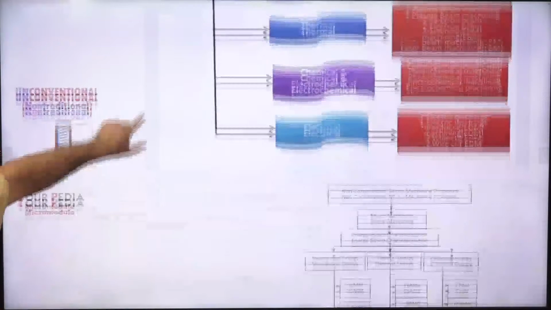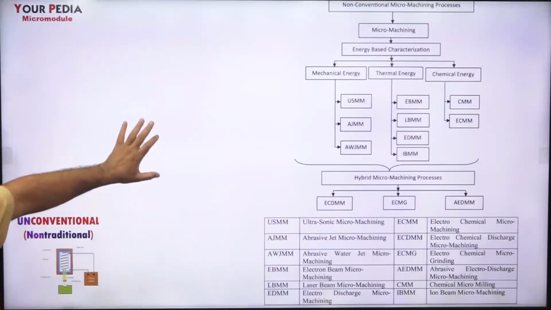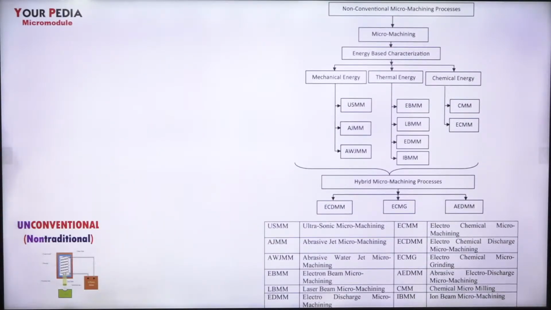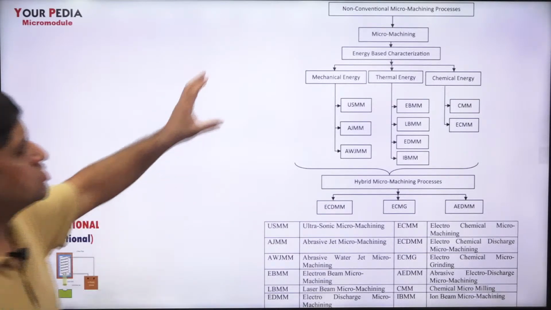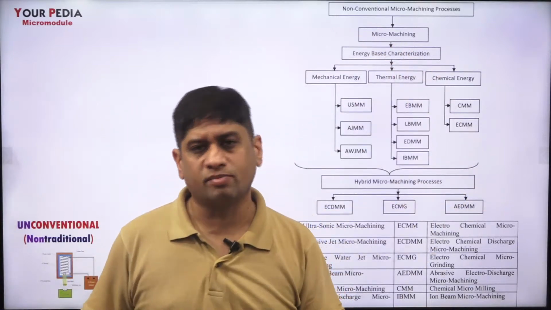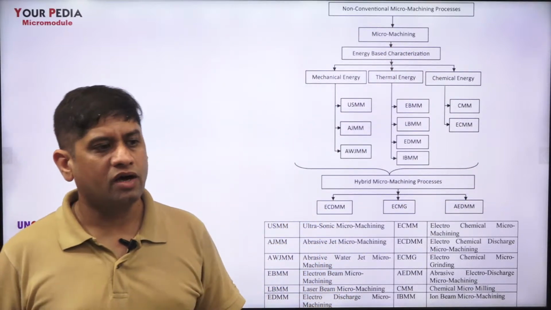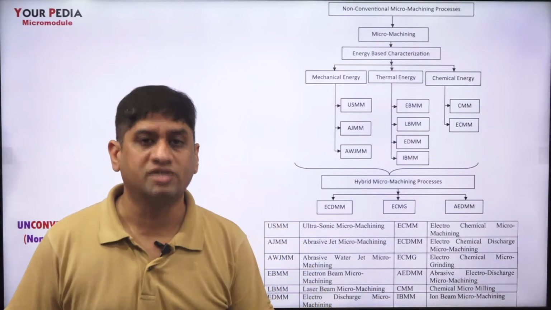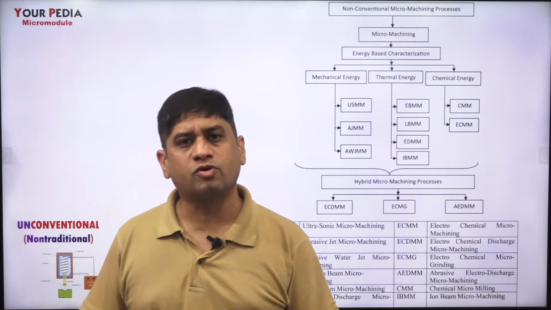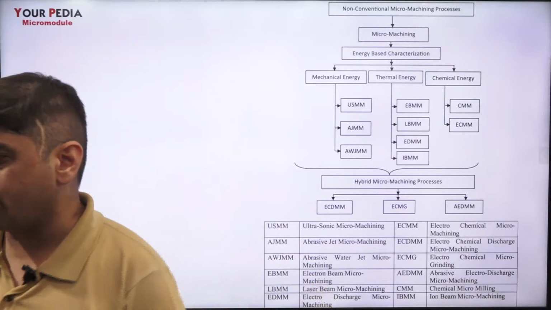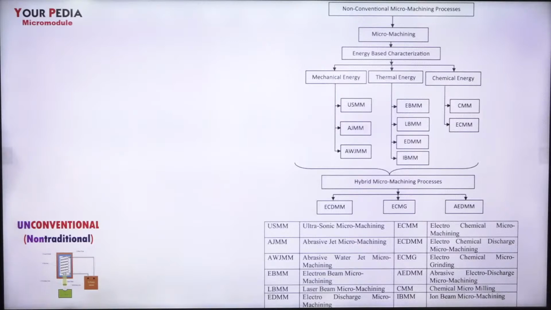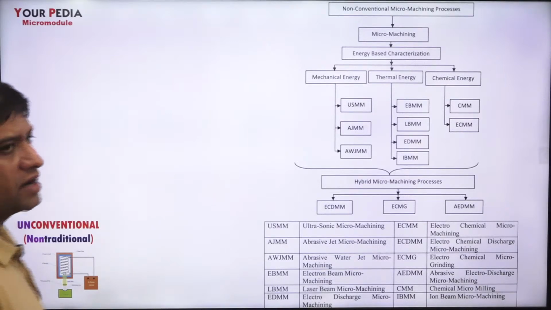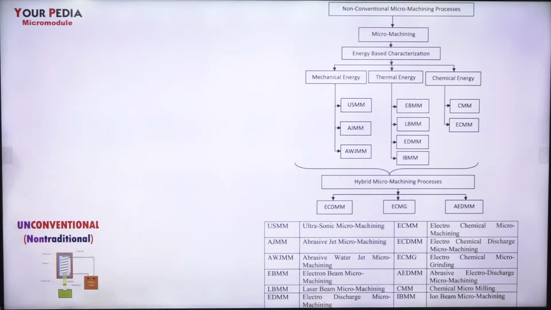You should know how we divide this, and this slide is even more important because it tells you what kind of micro machining is involved. These non-traditional machining processes are called micro machining processes because the material removal is not as high as in conventional machining. In conventional processes like turning, milling and shaping, the material removal rate is very high, and in turning you get chips.